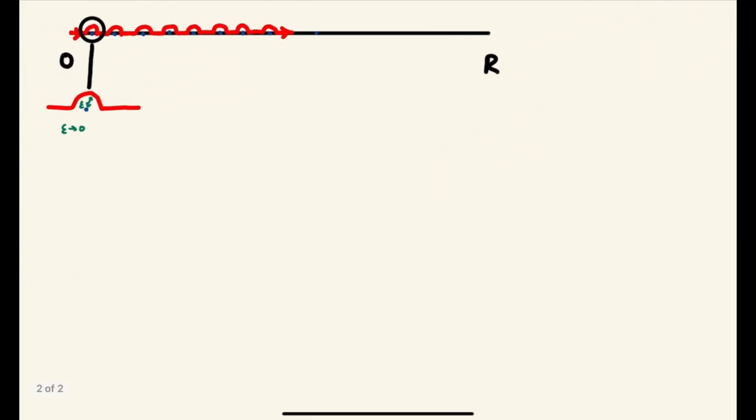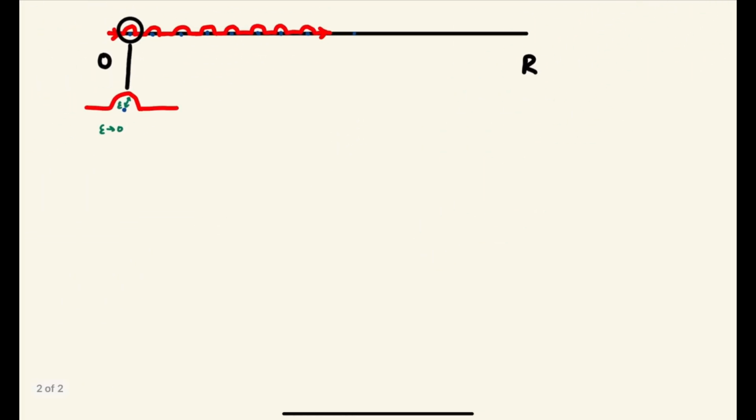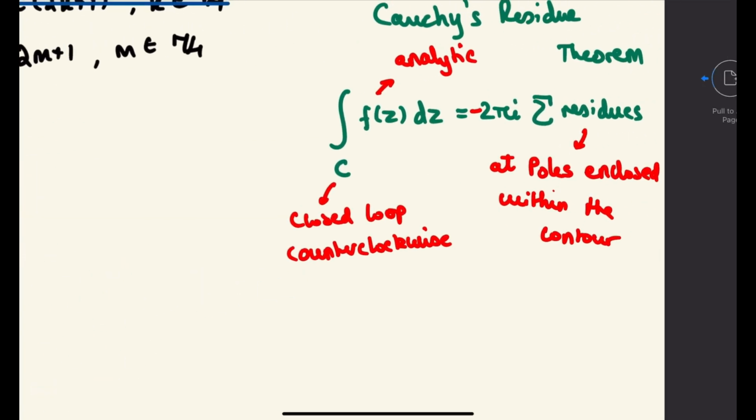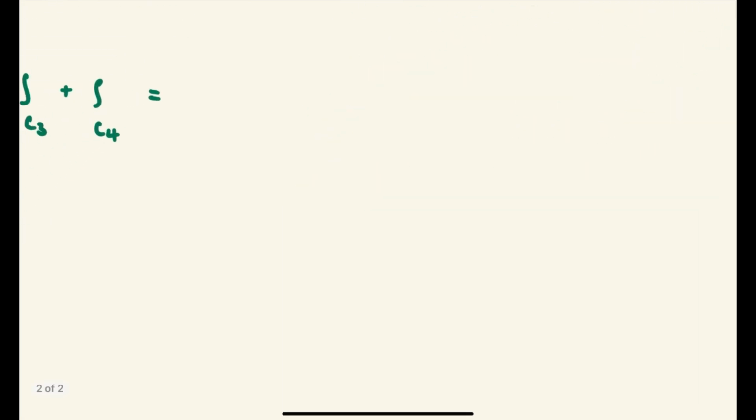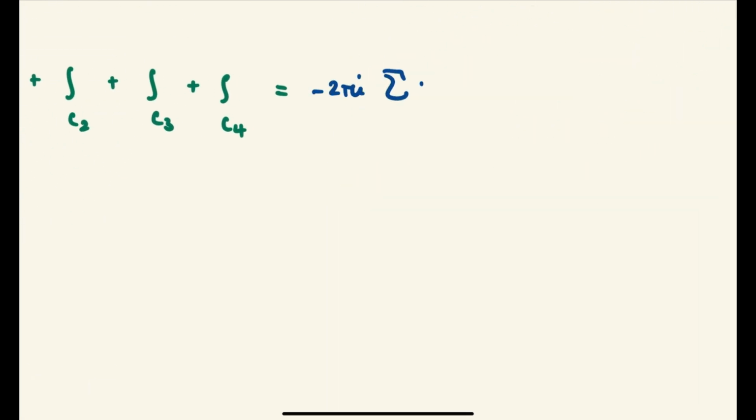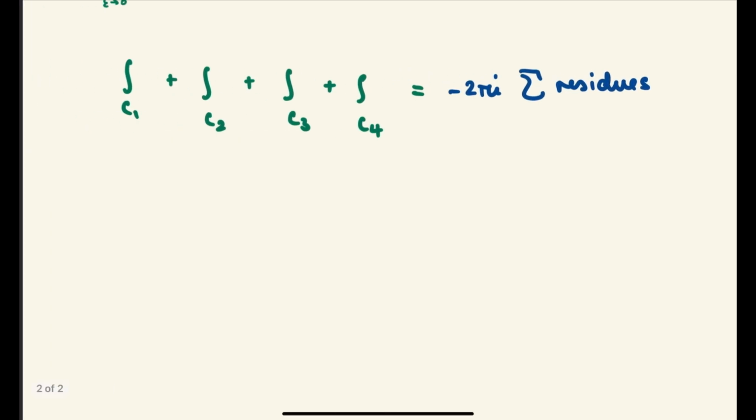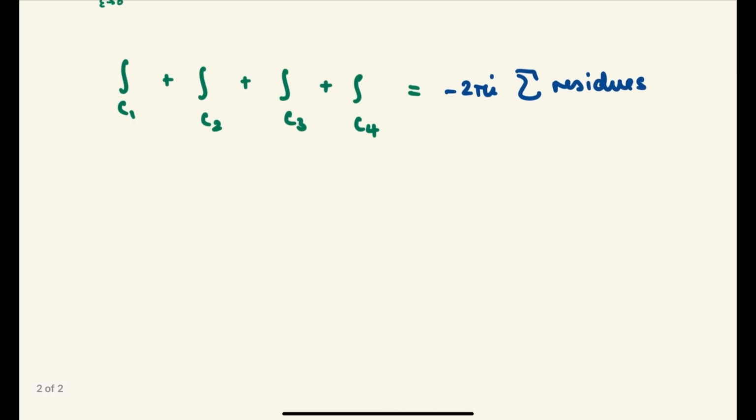Okay, so what we have at the moment is these four integrals: on C1, on C2, on C3 and on C4. And via Cauchy's residue theorem, we know that that is equal to minus 2 pi i times the sum of the residues, okay, at the poles.